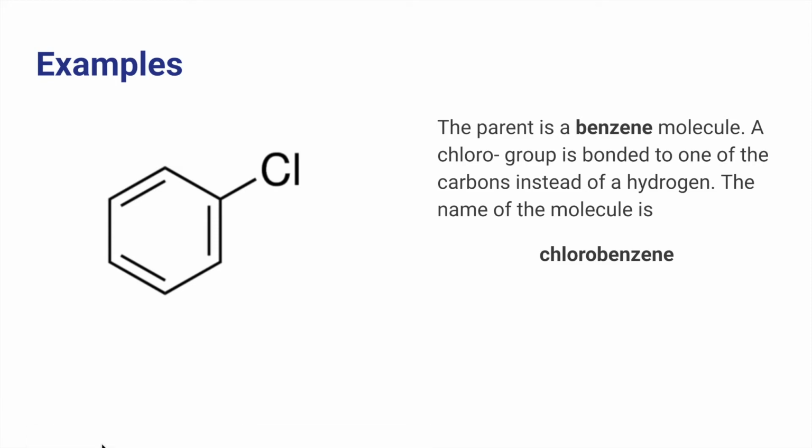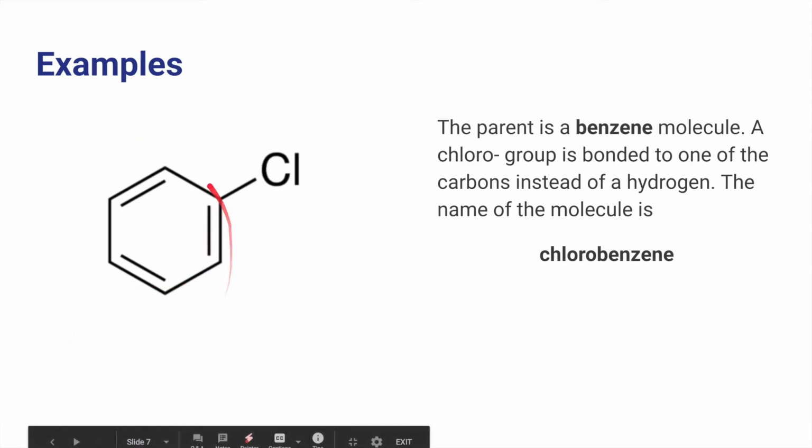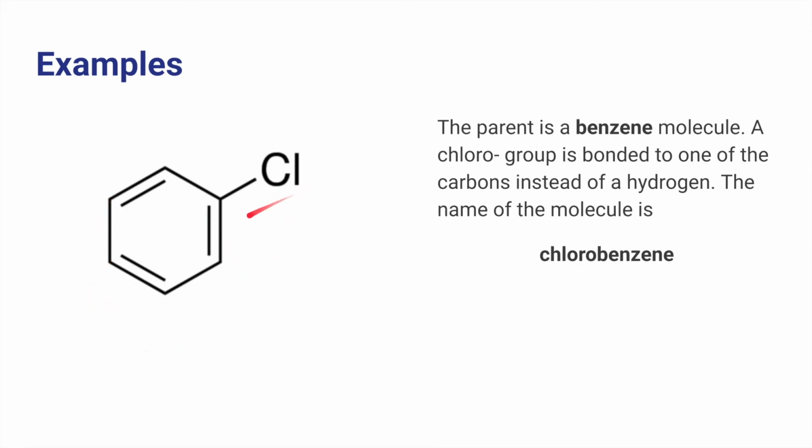In this example, we've got an aromatic alkyl halide. We've got the benzene ring here, so that means the parent is the benzene molecule, and we just have a chlorine bonded directly to it, so this would be chlorobenzene. We don't need to include a number here because it's assumed that the chlorine is attached to carbon 1.